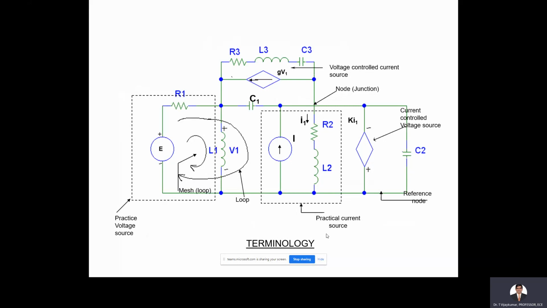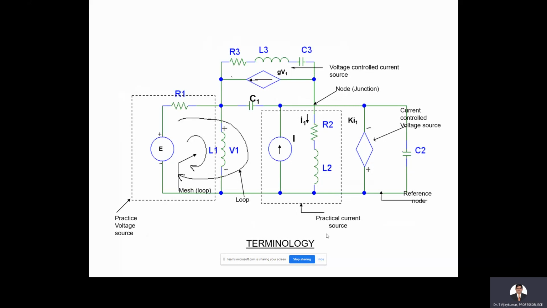There are four types of dependent sources: voltage controlled voltage source, voltage controlled current source, current controlled current source, and current controlled voltage source. But in this diagram, two dependent sources are shown.